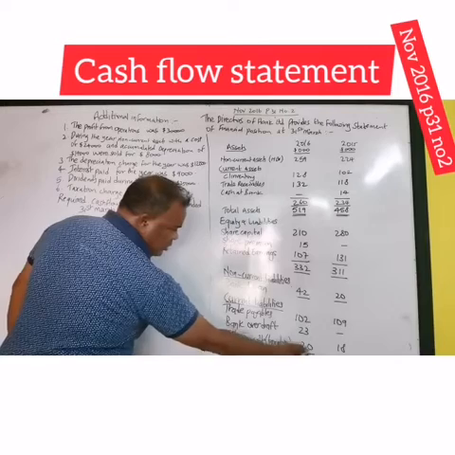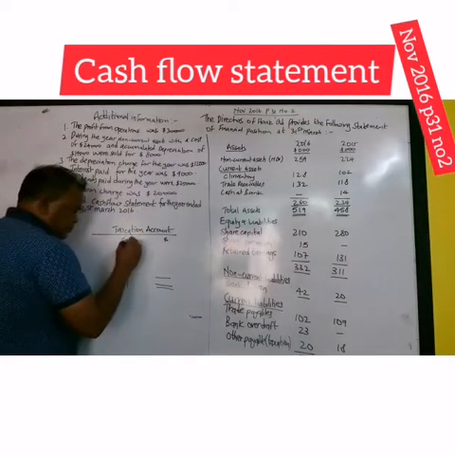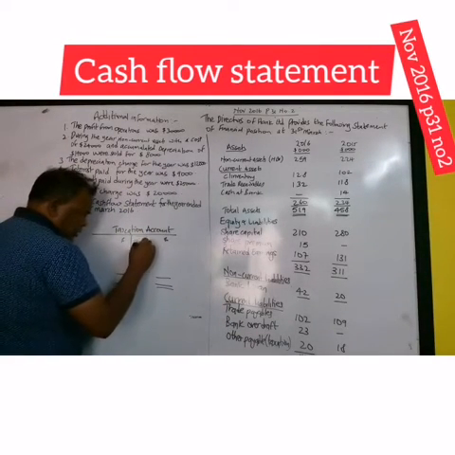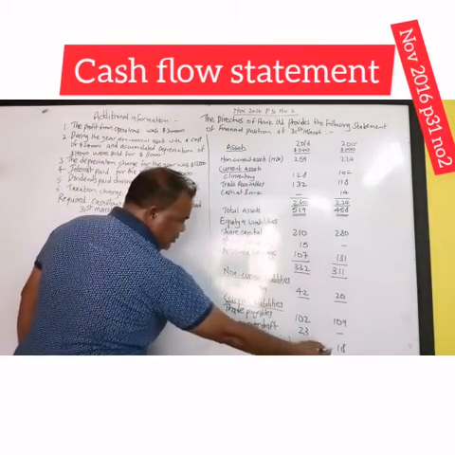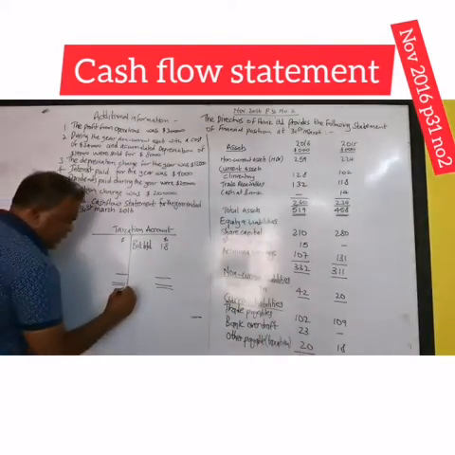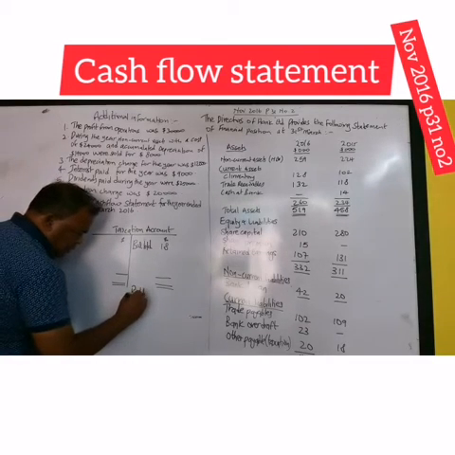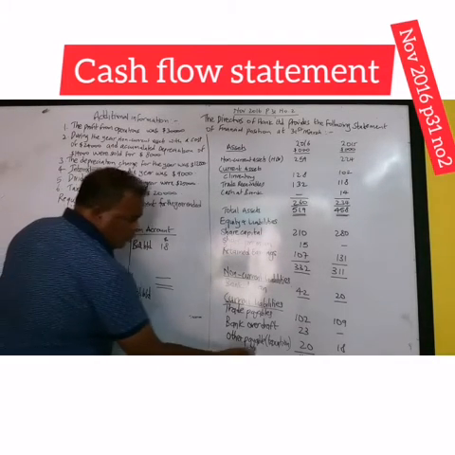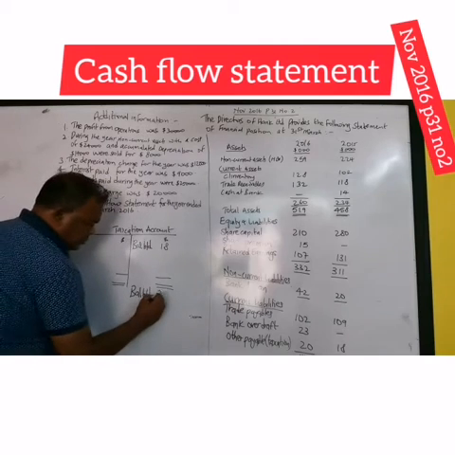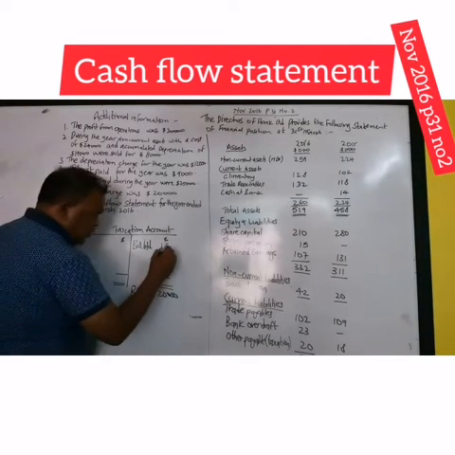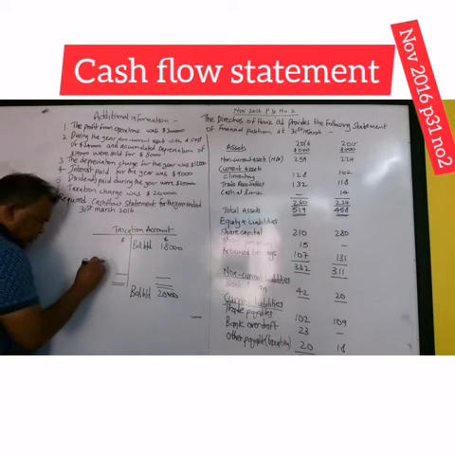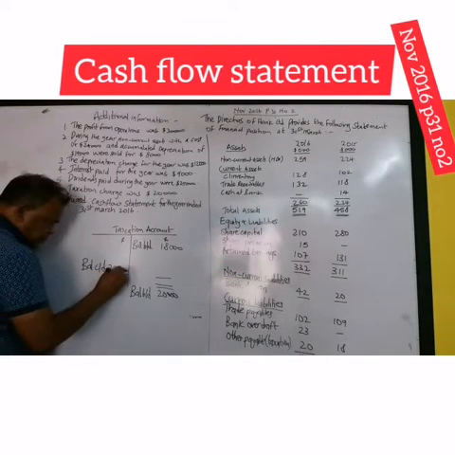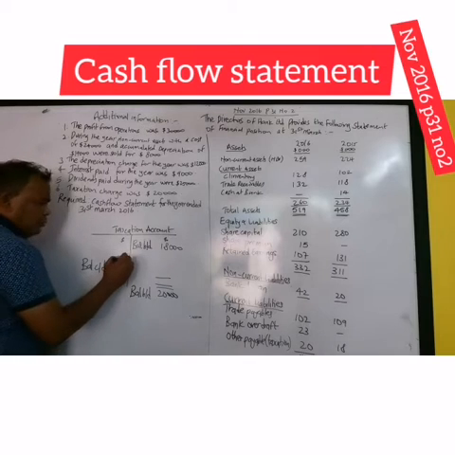So we have taxation at start, for 2015, 18,000. And then we have closing balance for taxation, 20,000. And this will be followed by balance c/d, 20,000.